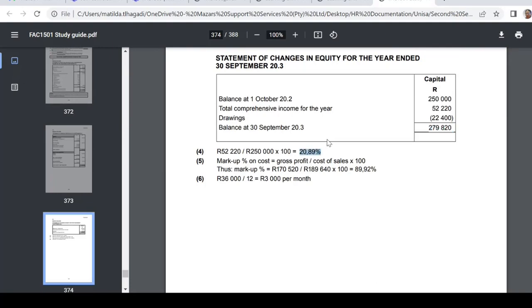How did they calculate that? Oh, the 52,220, which is the profit divided by the capital balance, divided by 250. Oh, okay. Back up the same thing.